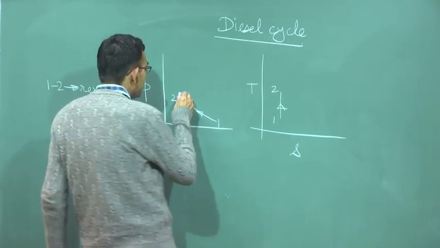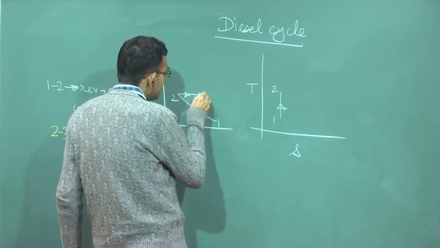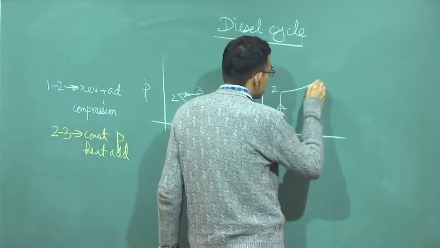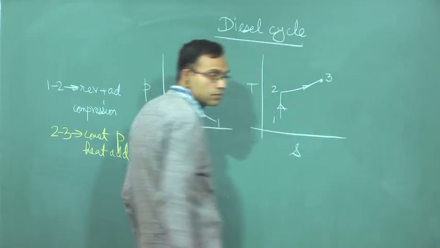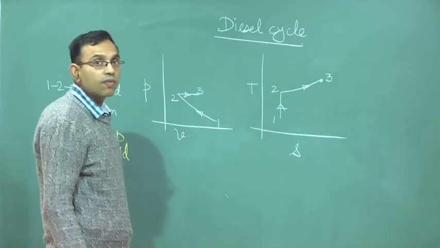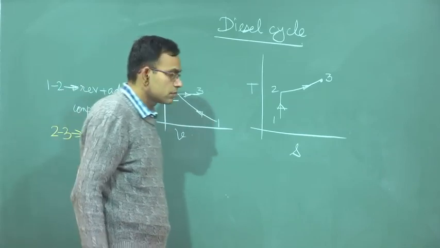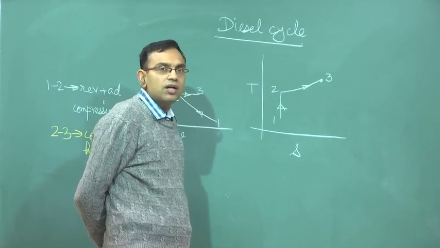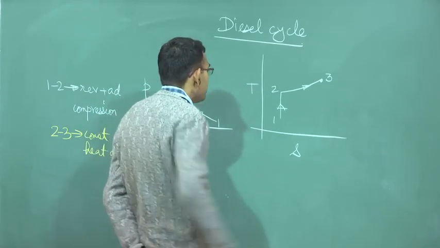Constant pressure heat addition means it will be a horizontal line here. So, this is P equal to constant.